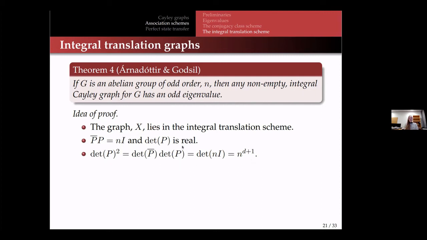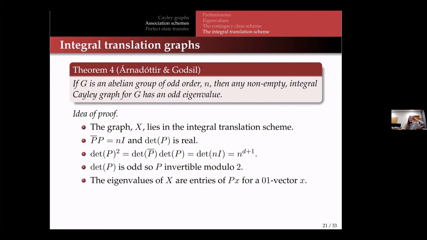So the determinant of P is an odd number, which means that the matrix P is invertible modulo 2. And now if we remember how we get the eigenvalues of the graph from the eigenvalues of the scheme, we have some 0, 1 vector x, and our eigenvalues are going to be the entries of Px.